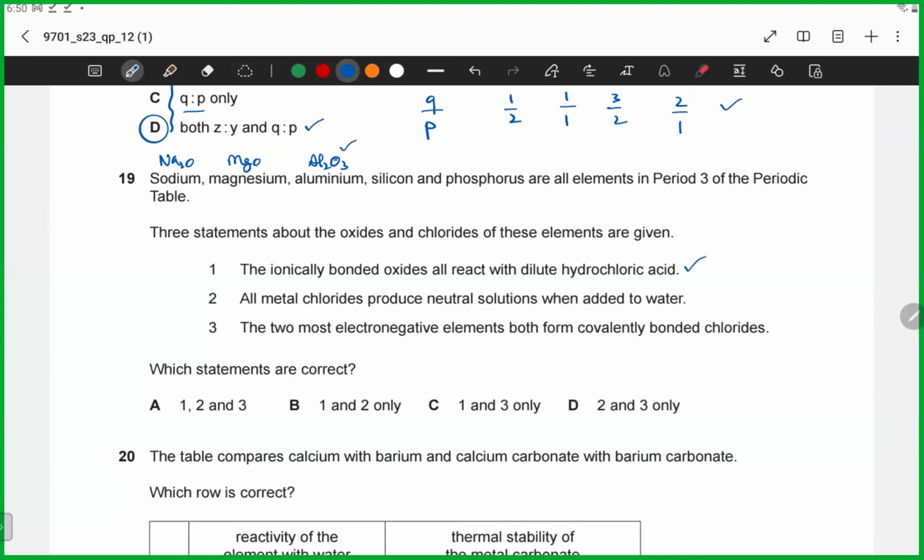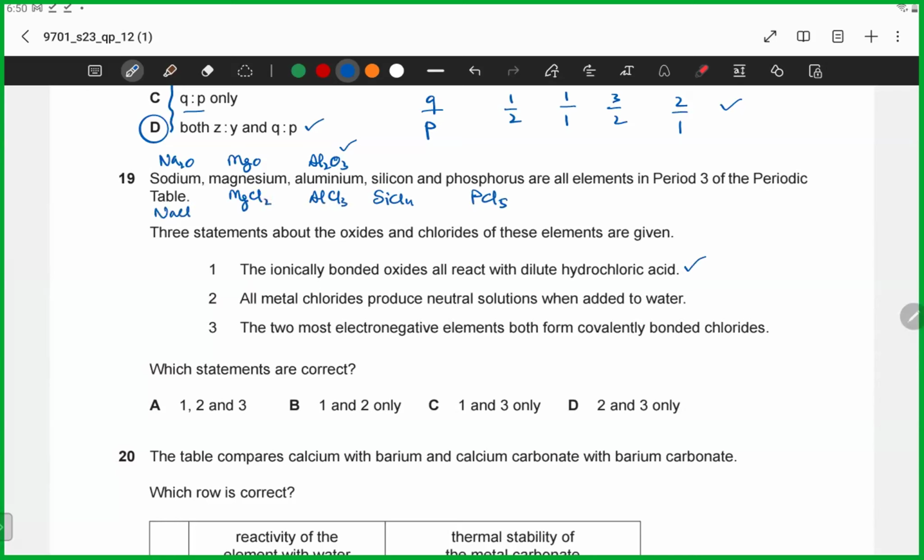Okay. All metal chlorides produce a neutral solution when added to water. That is definitely not true. क्योंकि वो it's acidic. Right? हाँ, सिलिकॉन क्लोराइड और फॉस्फोरस क्लोराइड जो होते हैं एक्चुअली सारे एसिडिक होते हैं. सिर्फ पहला वाला न्यूट्रल होता है. MgCl2 जो होता है वो स्लाइटली एसिडिक होता है, थोड़ा सा हाइड्रोलाइज करता है.